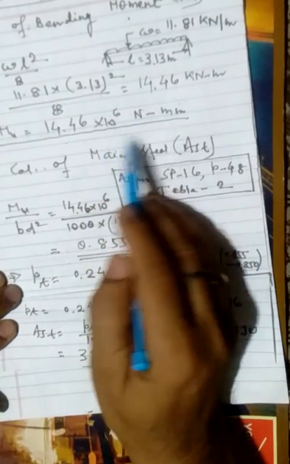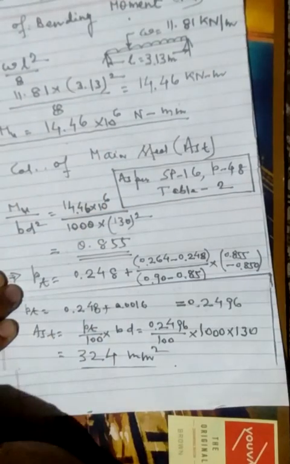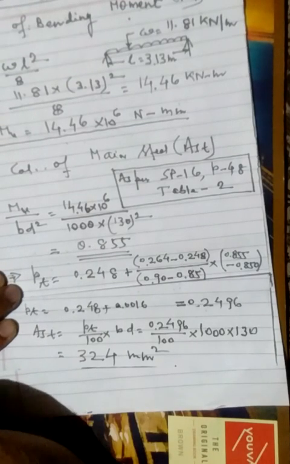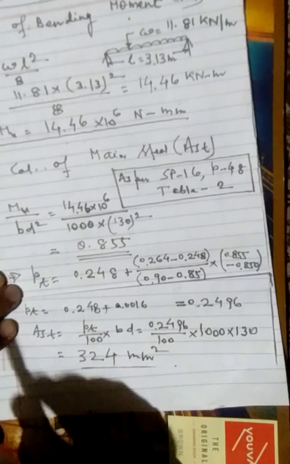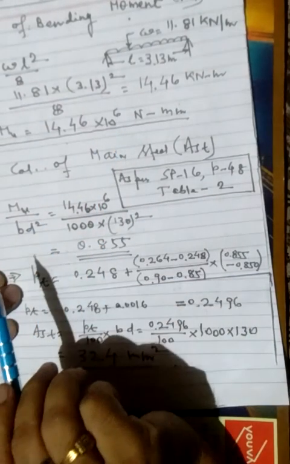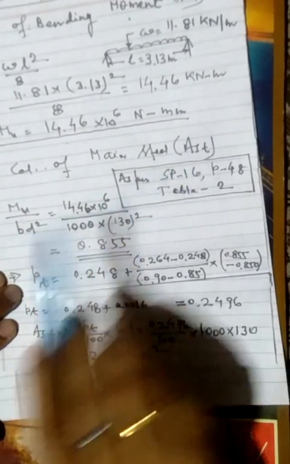Now for this bending moment, one step is to check the depth in flexure. We'll check that depth in flexure in a different lecture. So the basic step after this comes, for this bending moment, how to calculate the main steel area. So the next step is calculation of main steel Ast.